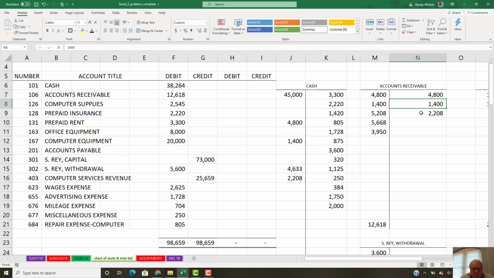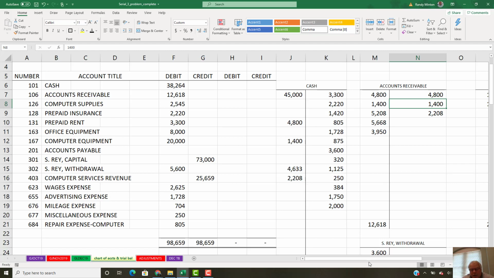Now, in the real world, we would have an account for every single one of our customers so that we don't get them confused. In this particular world, because we're doing it for the first time, we're not going to talk about subsidiary ledgers yet, but bear in mind that we would always want to make sure that we knew exactly who it was that owed us money, just as we'd want to make sure who we owed money to.